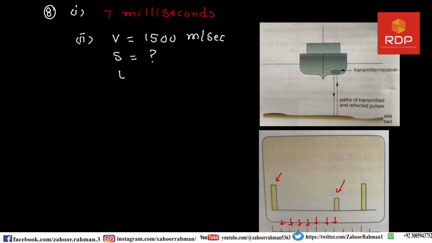T is also given to us, 7 milliseconds, which we can write as 7 into 10 raised to the power minus 3 seconds.